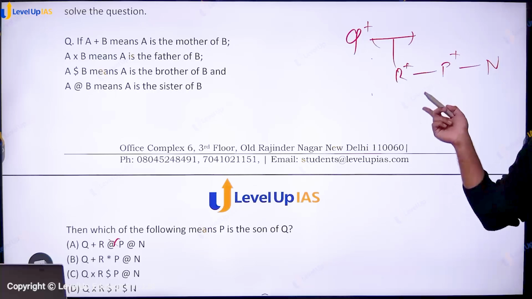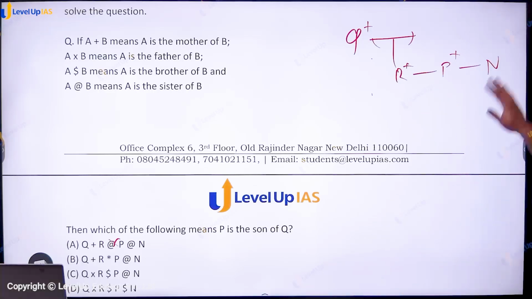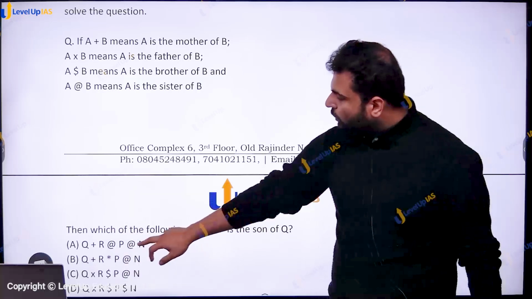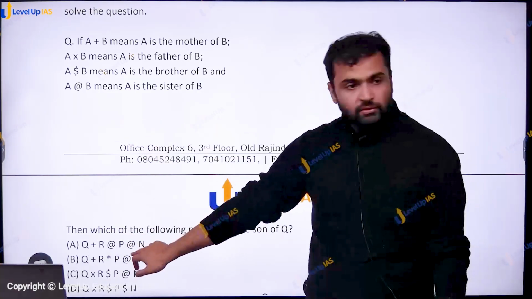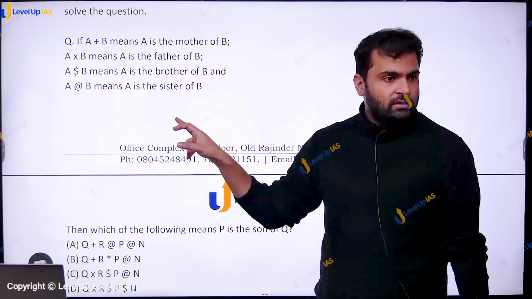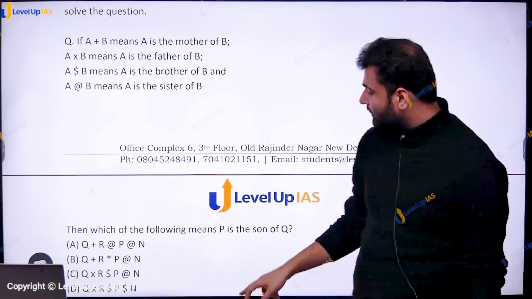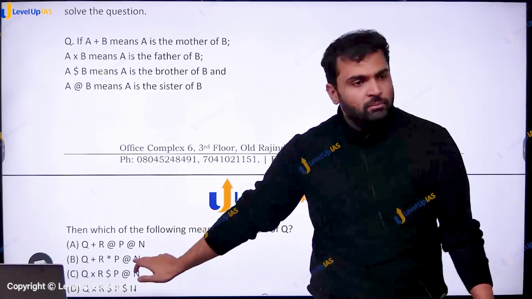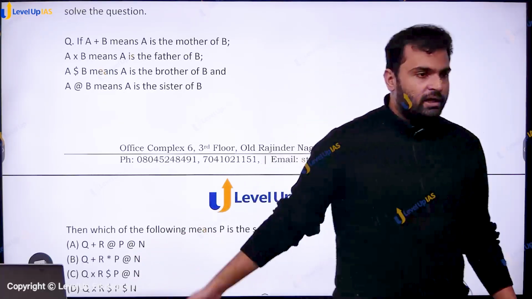Yes. So option D is correct. And we can reach that conclusion immediately, because P at N appears everywhere else. P at N means P is sister of N, and a sister can never be son. So you can eliminate options A, B, C, and the answer is directly D.